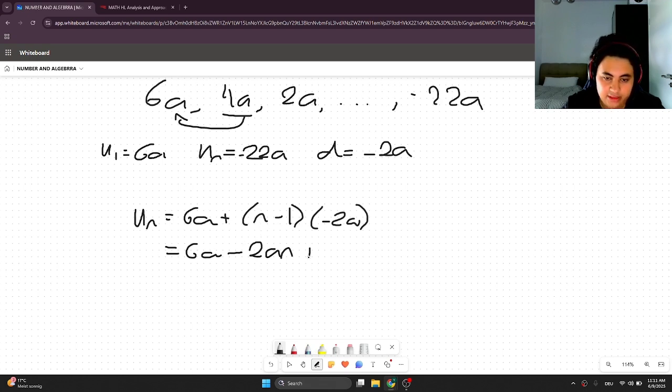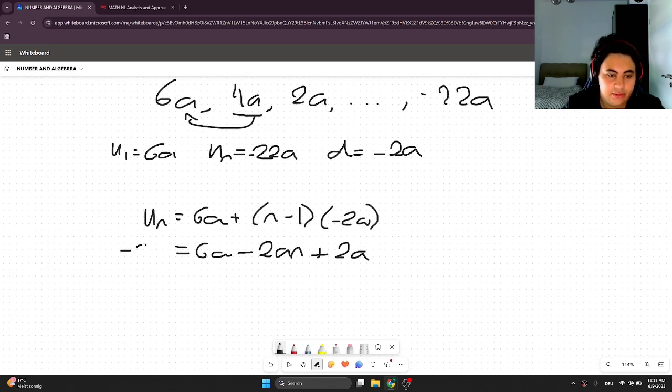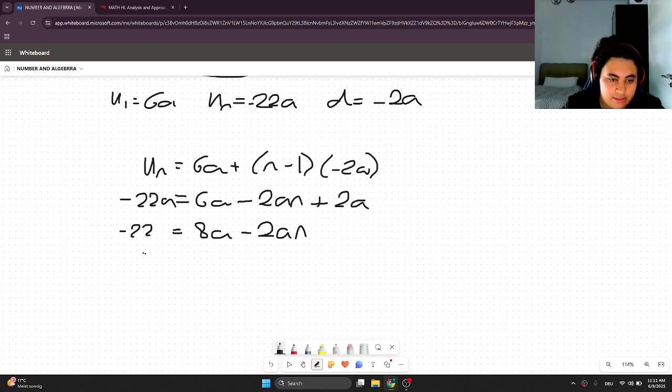And negative 1 times this is going to be plus 2a, right? So un is equal to negative 22a. So now 6a plus 2a is going to be 8a minus 2an, right? Then we're going to subtract 8a, so it's going to be negative 30a, and then is equal to negative 2an.